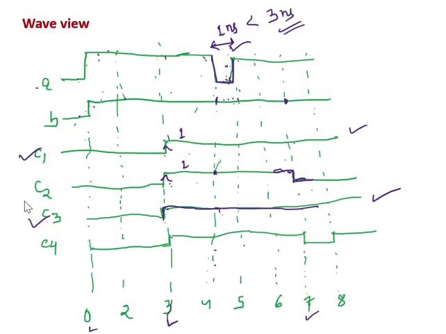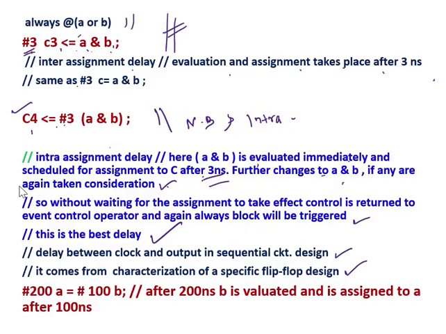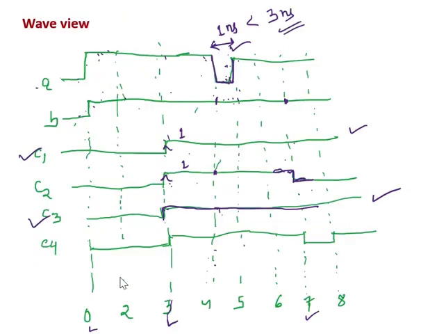See A and B. At 0 nanosecond A and B is evaluated, then it will be assigned to C4 after 3 nanosecond, because here 3 nanosecond is mentioned. So after 3 nanosecond we can see the result here. The transition will be from 0 to 1. Then what happens at 4 nanosecond?